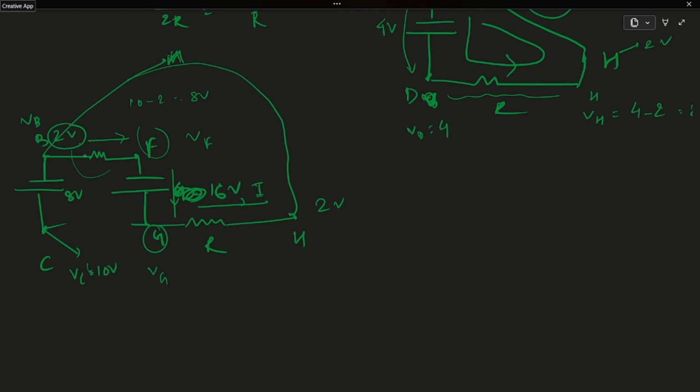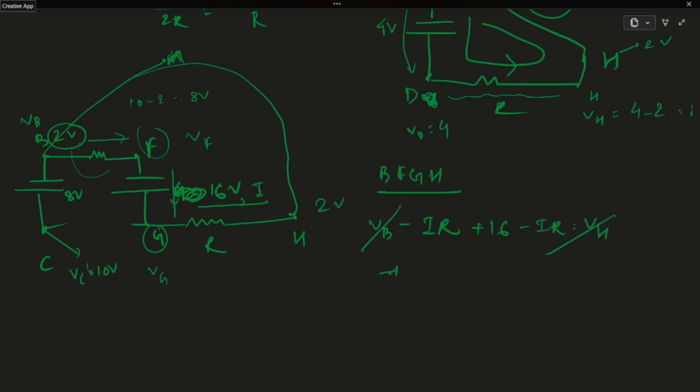So I will be writing KVL for BFGH. So VB, B to F is decreasing potential, so minus I into R, F to G is increasing potential, plus 16 volt, G to H is decreasing potential, minus IR equals VH.